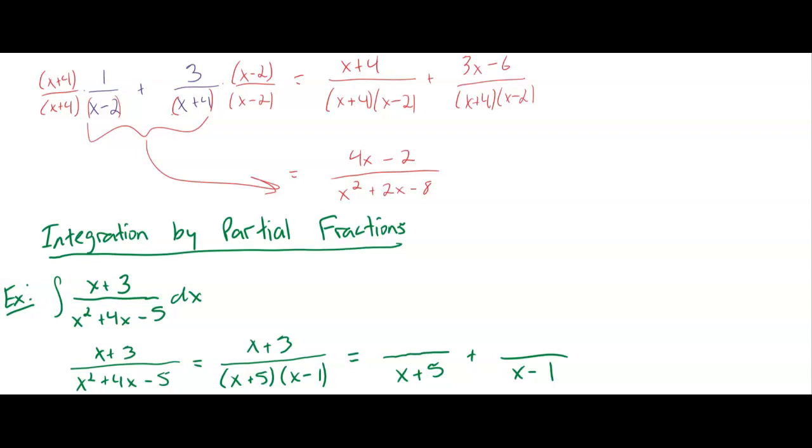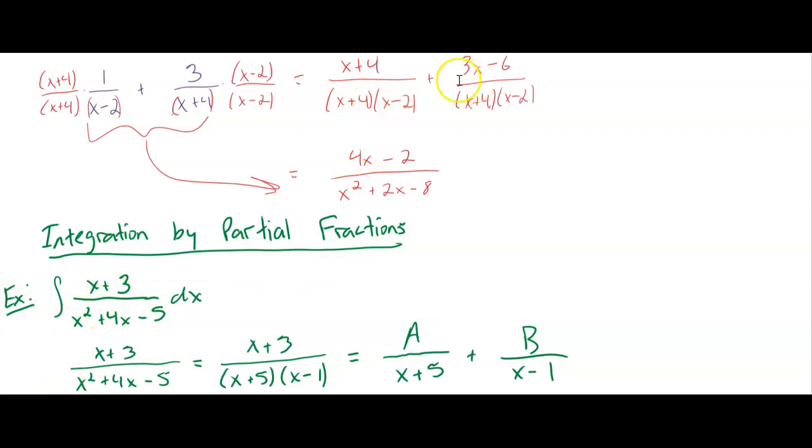And you may say, wait, why can we do that? Well, I'll write a capital A and a capital B. A is a capital letter that is representative of a number, and B is also a number.